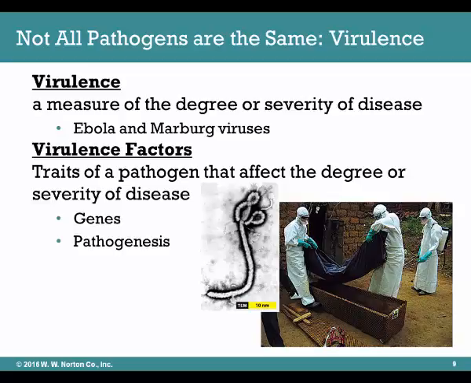Virulence factors are the traits or the genes that encode the traits that make this microorganism a pathogen and able to cause damage and disease. The more factors that a single pathogen has, often the more virulent it is.